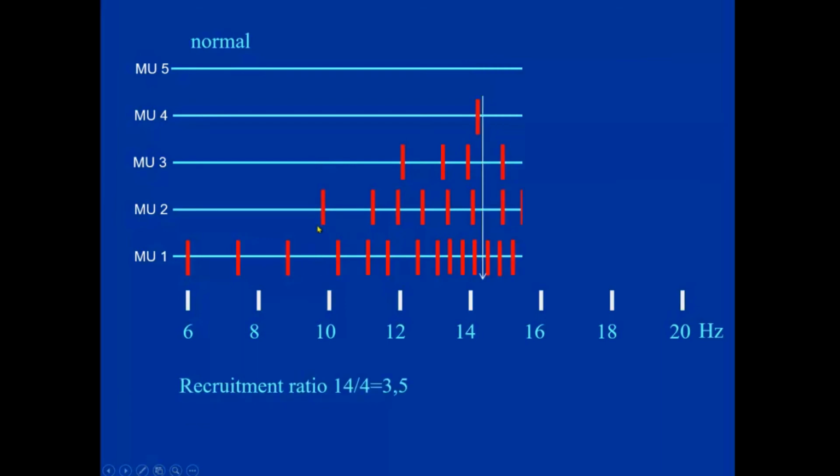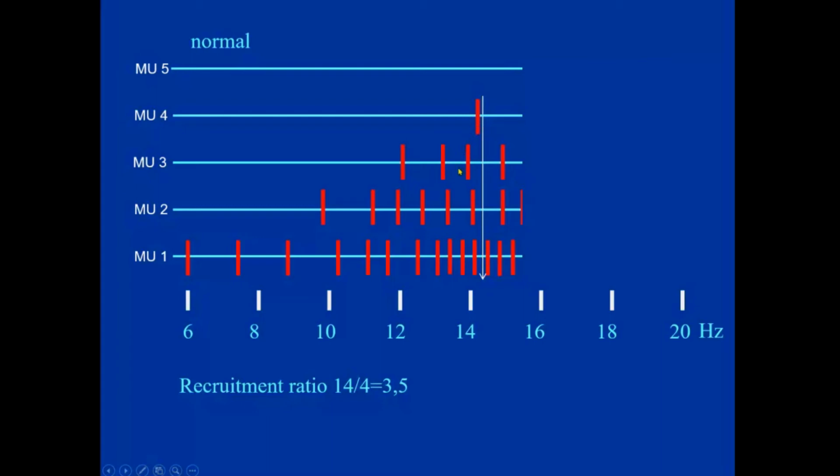Then we activate a little more, and when we optionally find that we have 3 or 4 or 5 motor units on the screen, we do the following. We look at the firing rate of the fastest, in this case 14 Hz, and then we see how many different motor units are there on the screen.